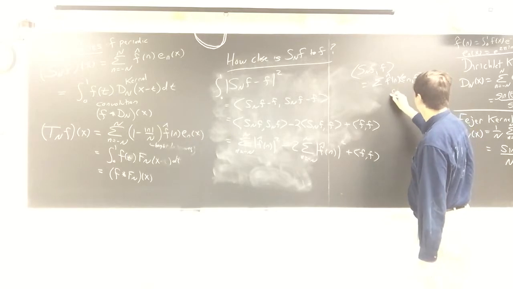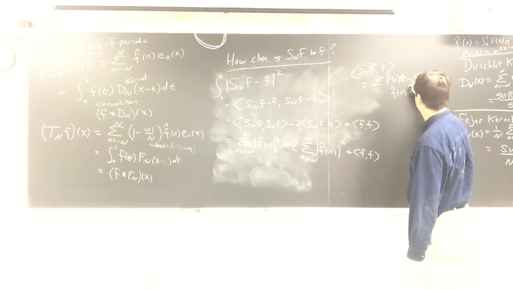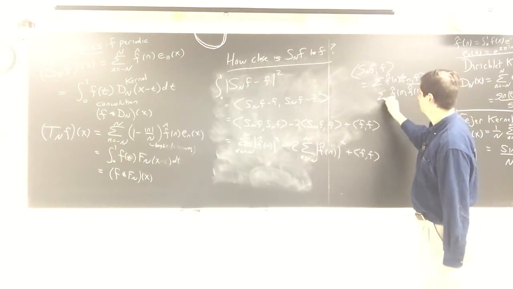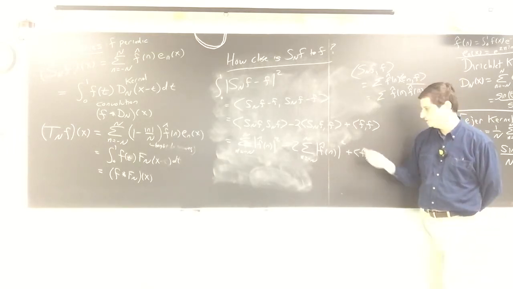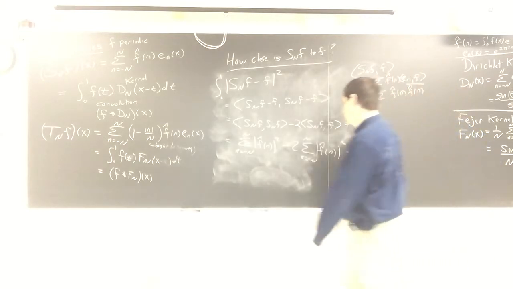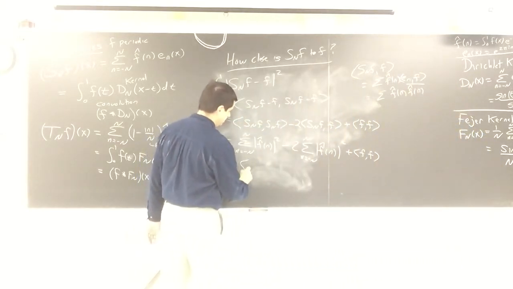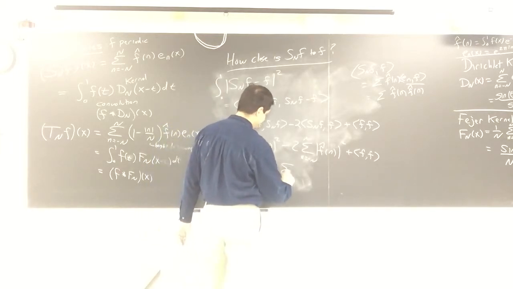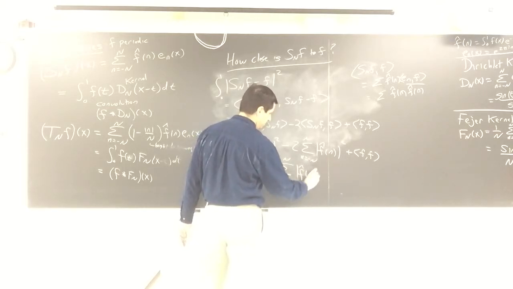And so I'll just get f hat of n bar with the sum over n. And so that's where this is coming from. And so what we get at the end of the day is we get the L2 norm of f squared minus the sum, and it goes from minus n to n of f hat of n squared.